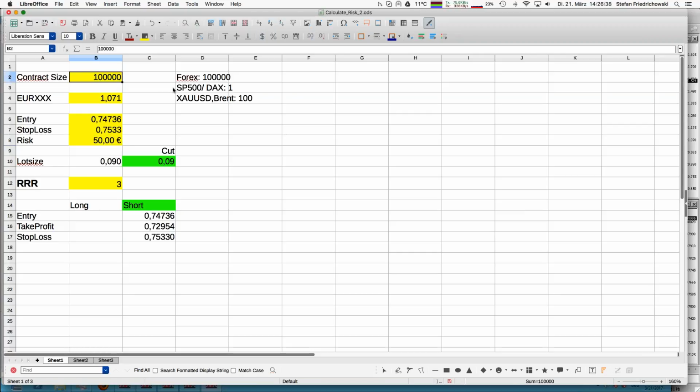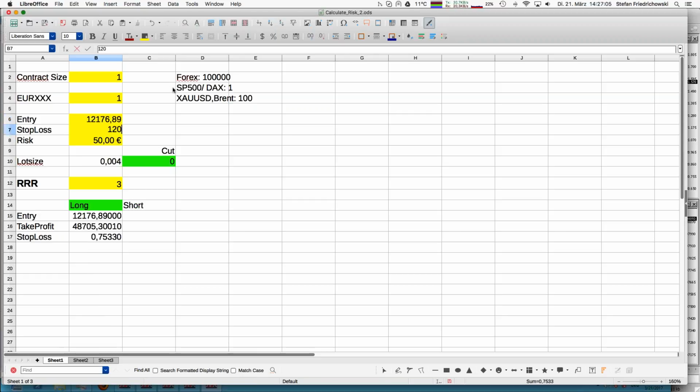And as always, we start with the contract size for the DAX trade. This is 1. Then we need the right currency. The DAX is already in euro, so the exchange rate is in this case 1, and our entry should be the high of the previous W1 candle, so it's this number.